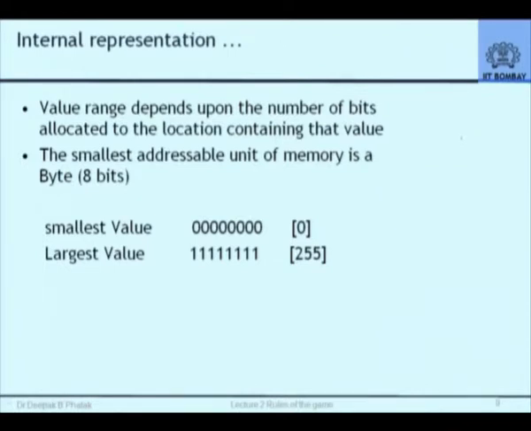And the byte consists of 8 bits. 8 bits can store values from 0000 0000 to 11111111. In decimal numbers, this value is 0, this value is 255. What it means is I can store 256 distinct values in a byte. The smallest value can be 0, the largest value can be 255.